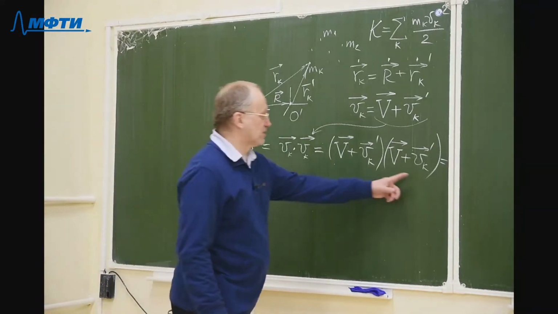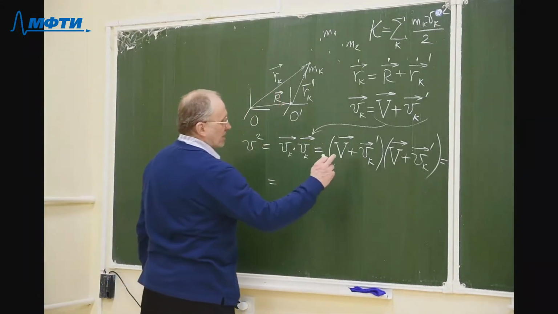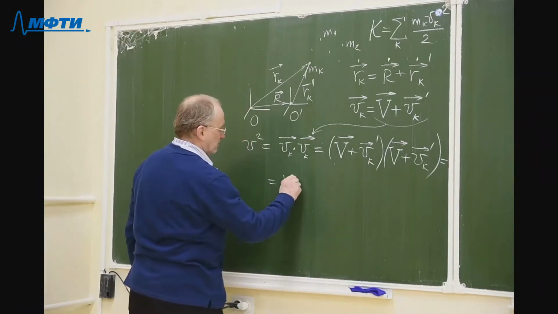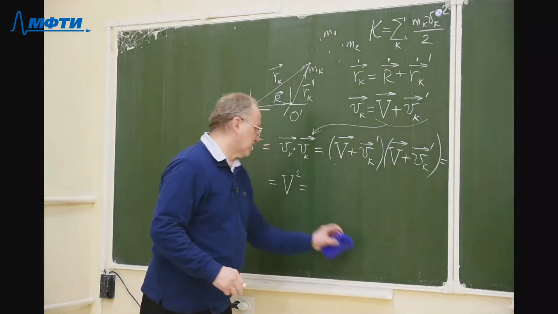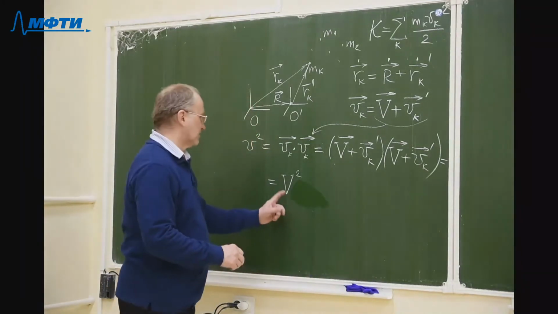Simple algebraic calculations will give us this result. Capital V by capital V will give you capital V squared. That is the scalar product of vector V by itself.